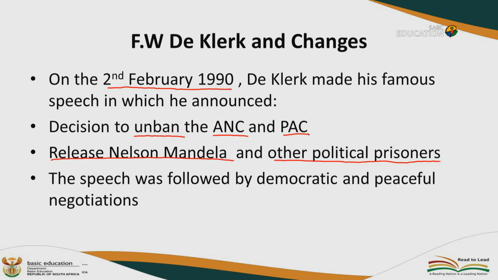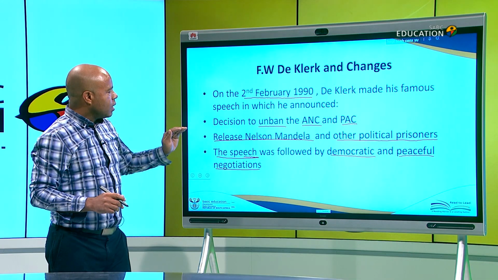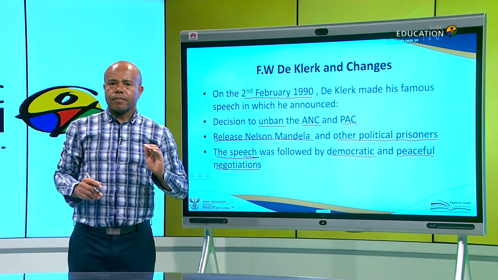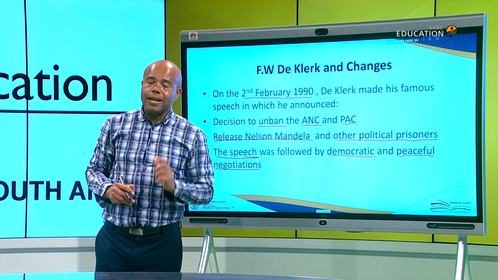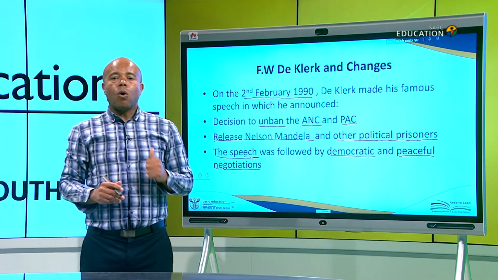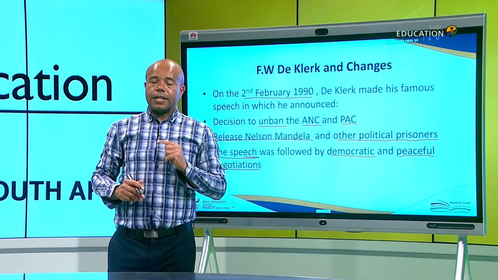The speech was followed by democratic and peaceful negotiations. Before I continue, it's imperative to understand, grade 12s, that on the 2nd of February, de Klerk announced that he will release Nelson Mandela and all other political prisoners.